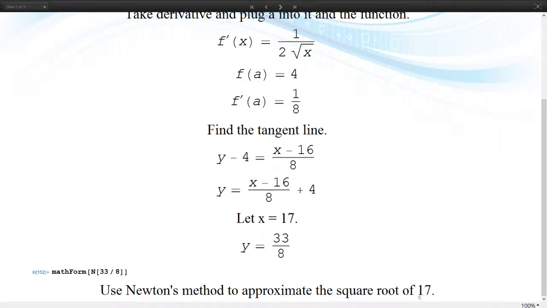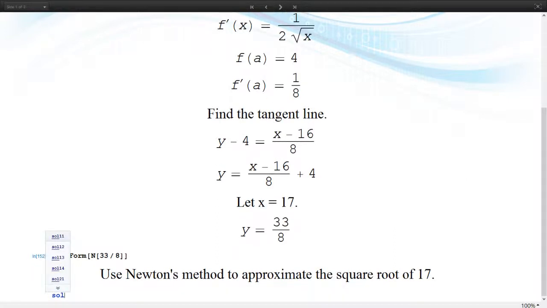For Newton's method, we want the input of the function to be the square root of 17, like when we plug in square root 17, we should get out 0. And that's how Newton's method will differ. It's the opposite. The y variable was the approximating variable in linearization, but the x variable is the approximating variable in Newton's method.